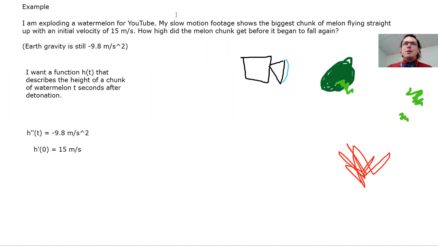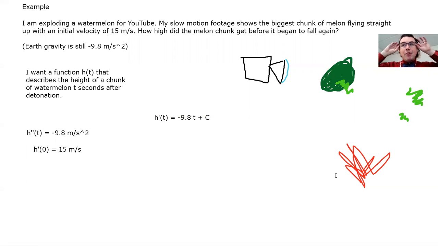Now, what I'm going to do is the same process as in my previous video. I'm going to calculate what could my antiderivative be. If my second derivative is a constant, my first derivative must be negative 9.8 times t plus some other constant that I need to solve for.